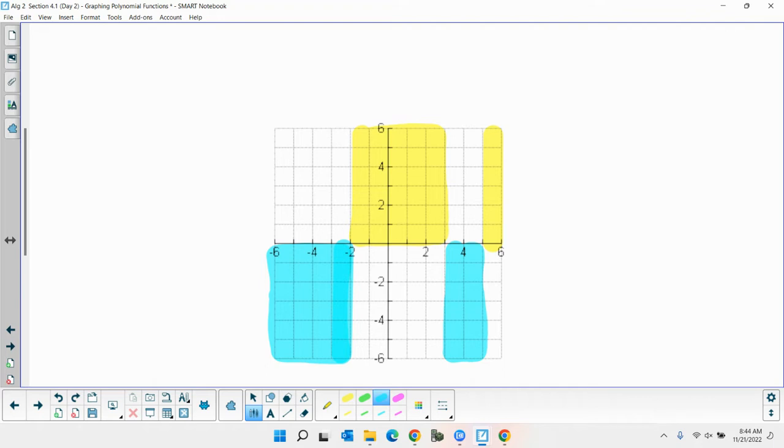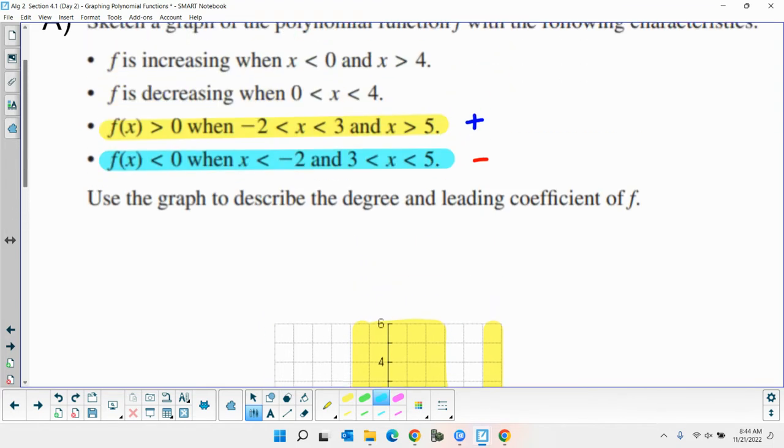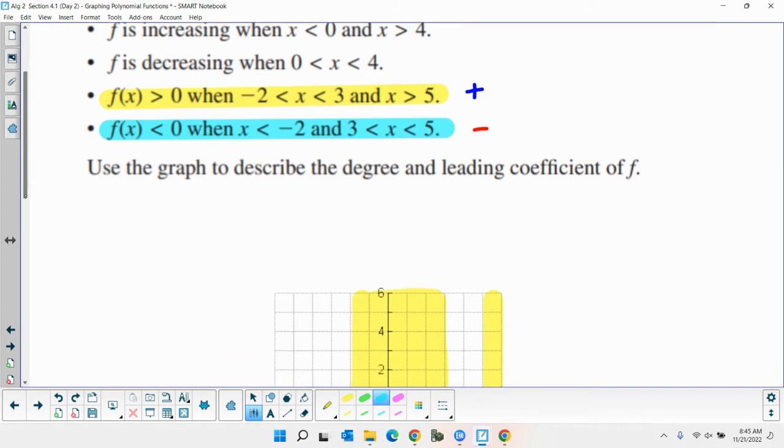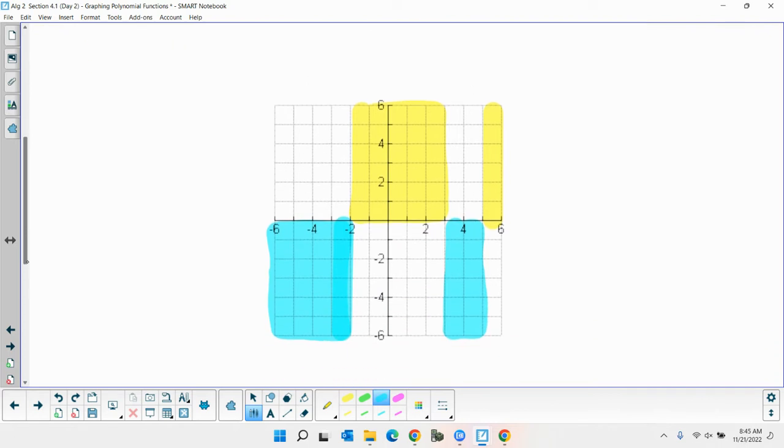You with me there? And again, I got that from the 2 bottom things. Greater than 0 means positive, right? Less than 0 means negative. F is just the name of our function. So far, so good? Okay. F is increasing when x is less than 0 and greater than 4. It's increasing, going up, when it's less than 0 and greater than 4.